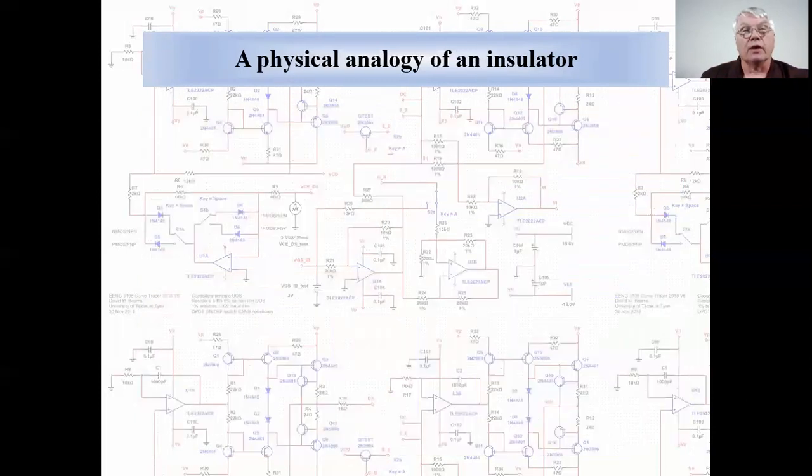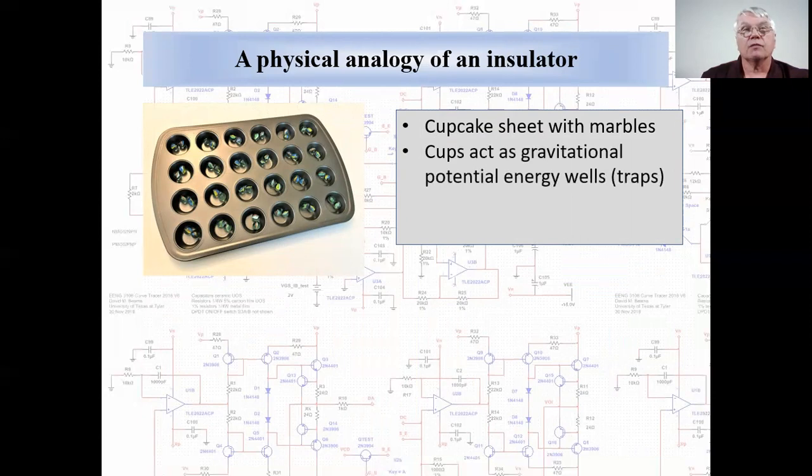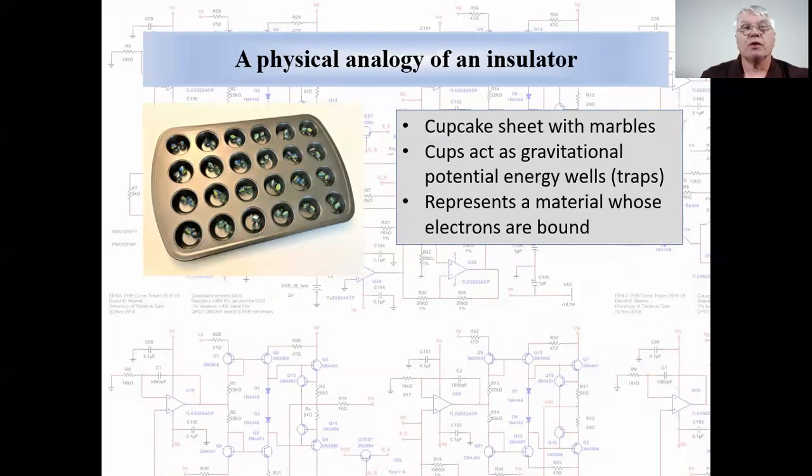Now we'll look at a different case. The cookie sheet has been replaced by a sheet with cups or wells for baking cupcakes. Two marbles have been placed in each well. The marbles are analogs of electrons, and the cups are energy traps or wells formed by covalent bonds. This is a representation of a material in which the electrons are bound to specific atoms.